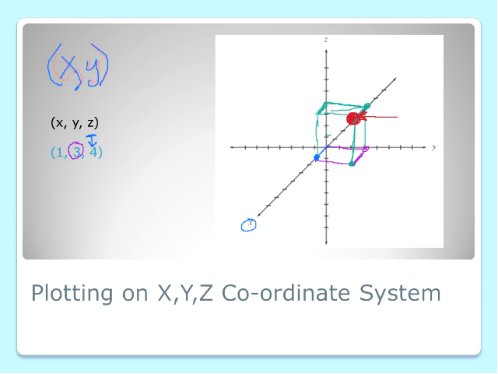The box helps you find it. Remember, x is 1. This is our x-axis, so we went 1 on the x. Then we went 3 on the y, excuse me, and then we went up 4, which was z. Okay? So 4 is on the z.